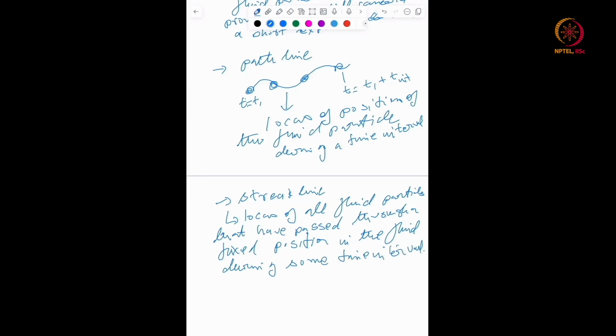So all these are processes that you can measure, right? So this is called a streak line.